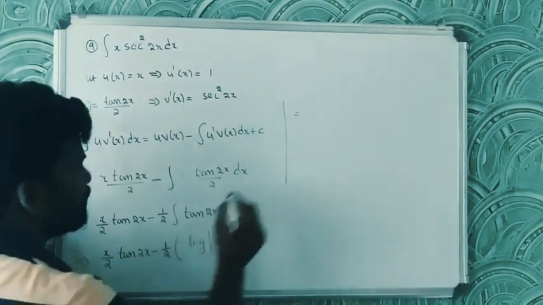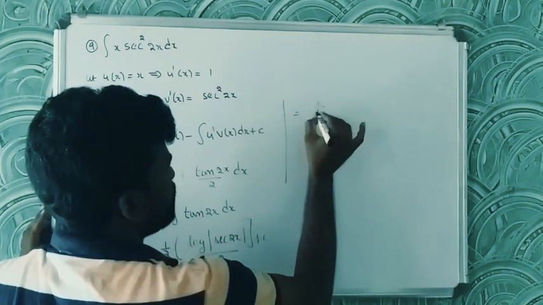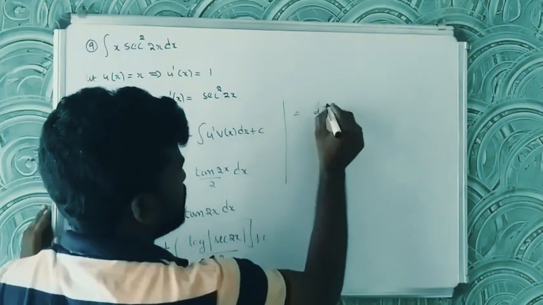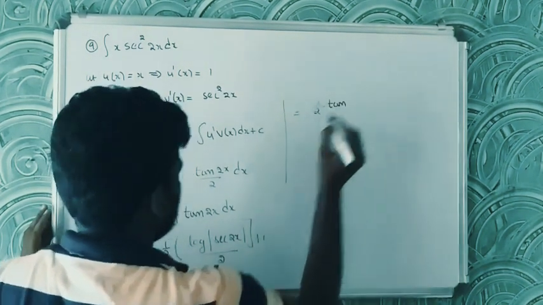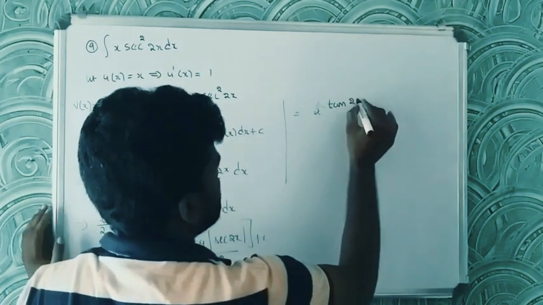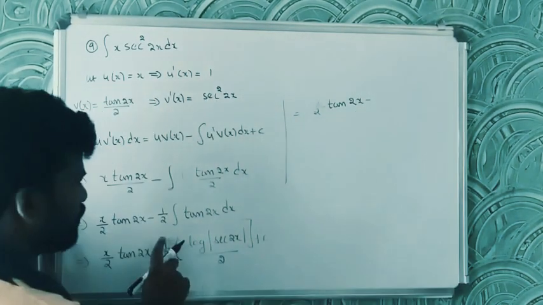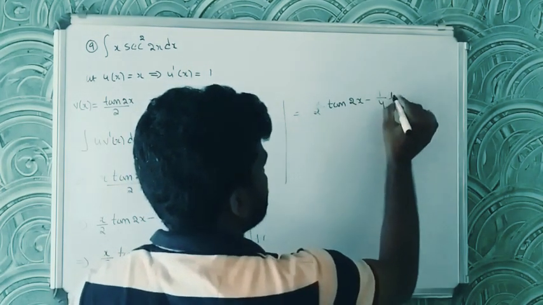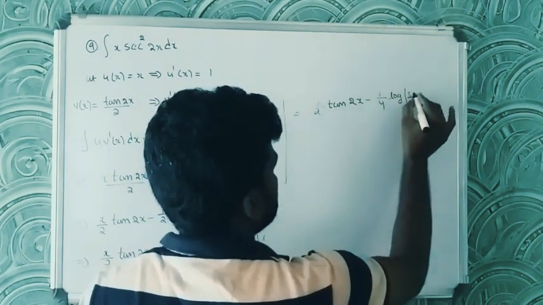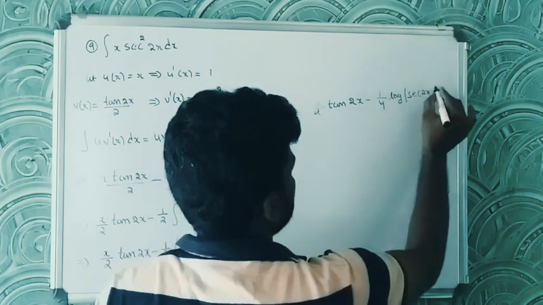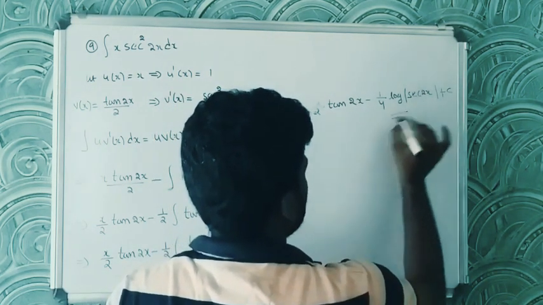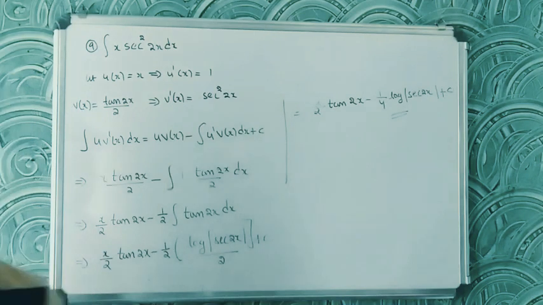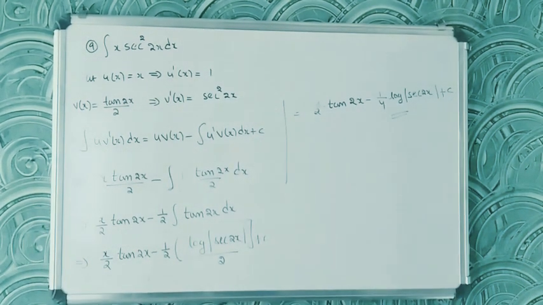So x by 2 into tan 2x minus 1 by 2 into 1 by 2, that is 1 by 4 log mod secant 2x plus c. This is problem number 9.